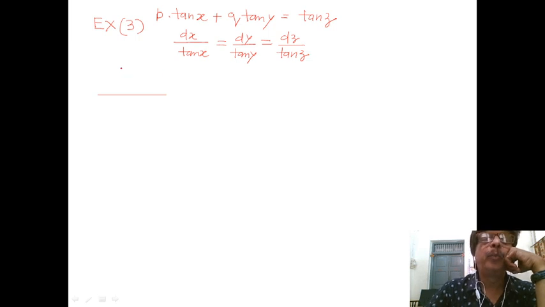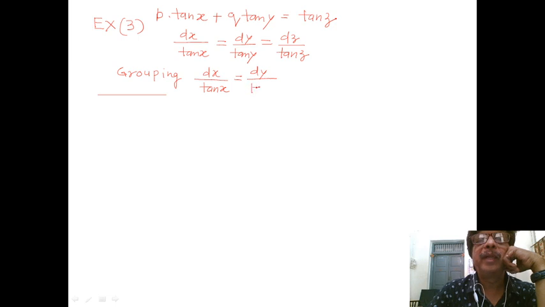Now grouping. It is very simple to group. What shall we group? dx upon tan x equal to dy upon tan y, and this z is absent.